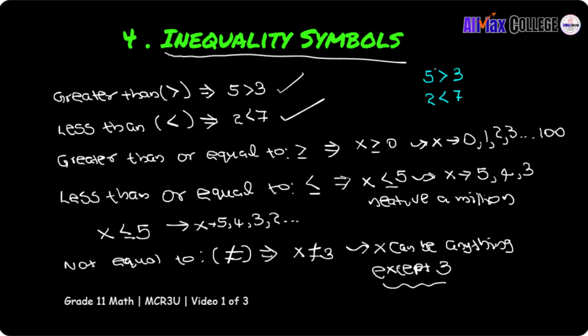In 5 is greater than 3, the point aims at 3. Which is smaller? This one is smaller, always. So that's the memory trick to remember.